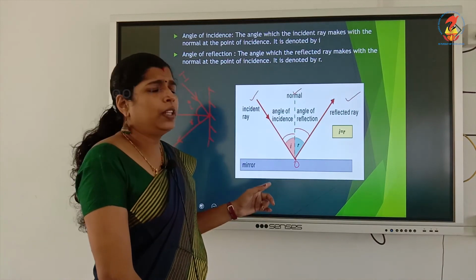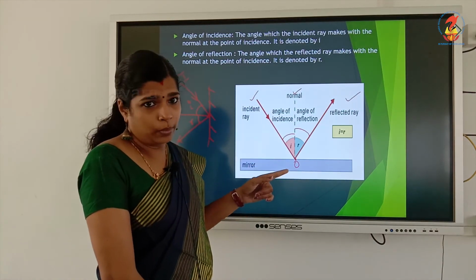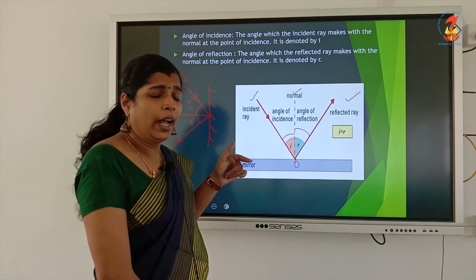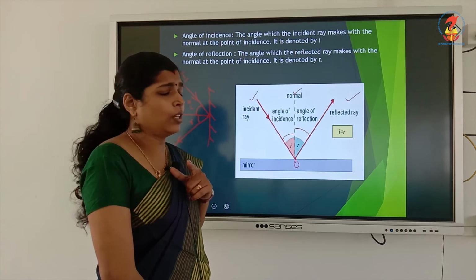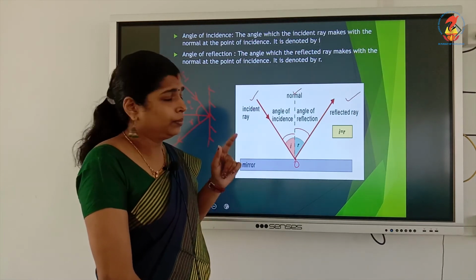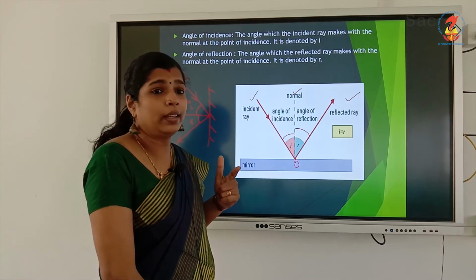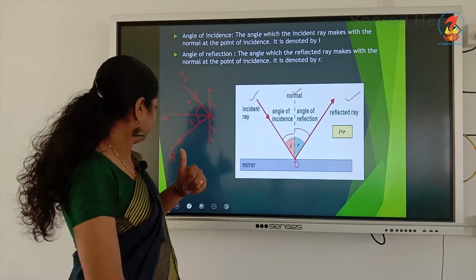The angle between the incident ray and the normal is known as the angle of incidence. The angle between the reflected ray and the normal is known as the angle of reflection.